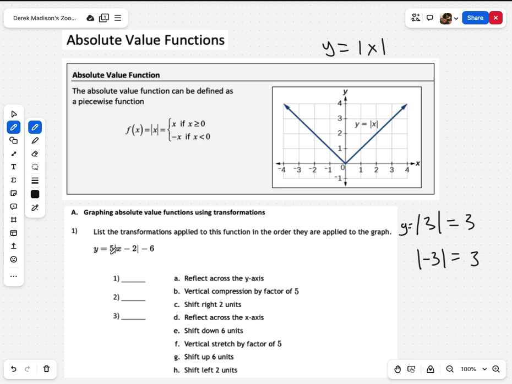So let's take a look at this one, which is actually right where we left off in the transformation section, just as a refresher. We are listing the transformations in the order in which they're applied.